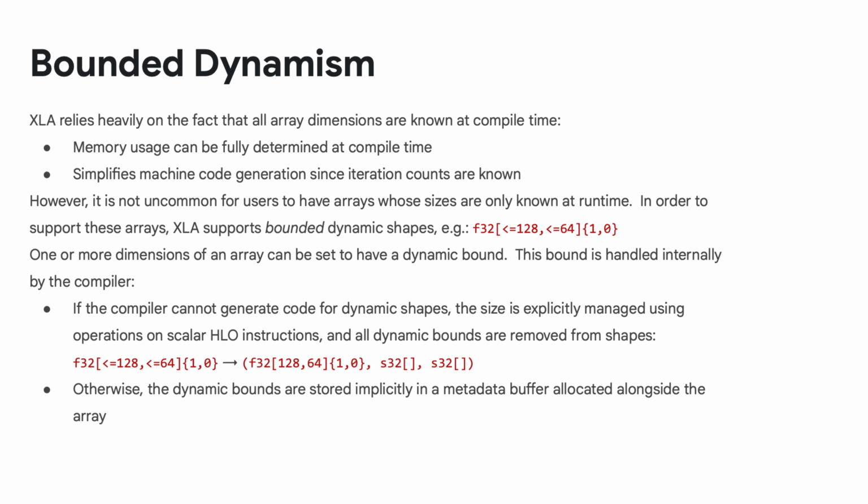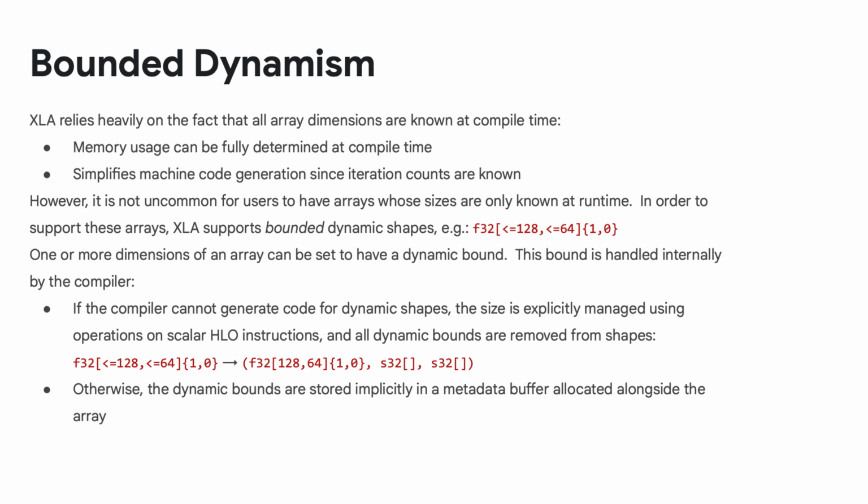As I mentioned, XLA relies on the fact that all the dimensions are known at compile time, and you can do memory planning. You know how much memory you need, and you can generate your code. Basically, all the loops have static dimensions, and you can statically decide when you want to unroll the loop and when not to. But if you don't know the dimensions, XLA supports bounded dynamism.